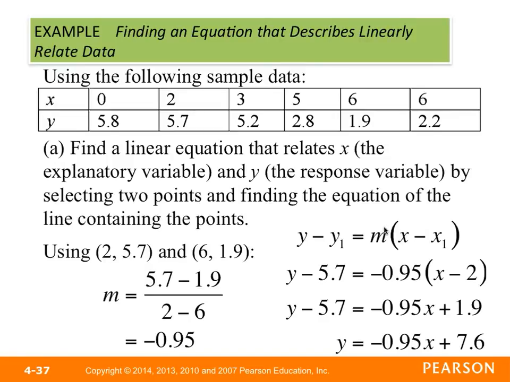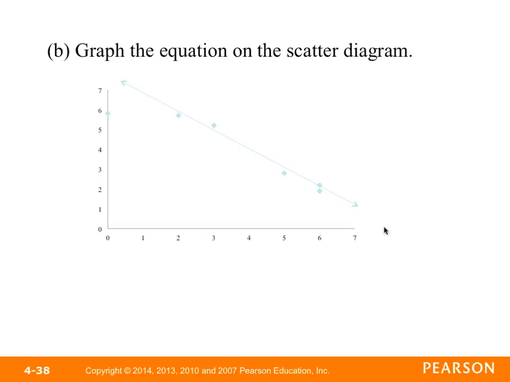So we do y minus 5.7 equals our slope, which we just calculated to be negative 0.95, times the quantity x minus 2. We distribute our negative 0.95 and add 5.7, and we're left with y equals negative 0.95x plus 7.6. And then here we have a scatter diagram and also the equation of the line that we just drew.